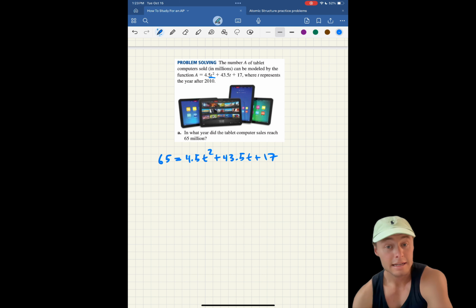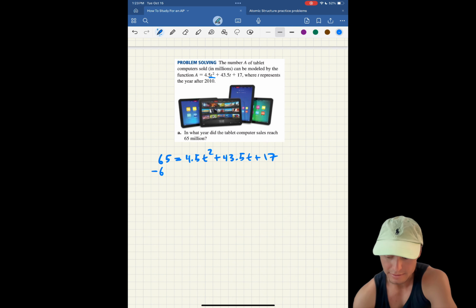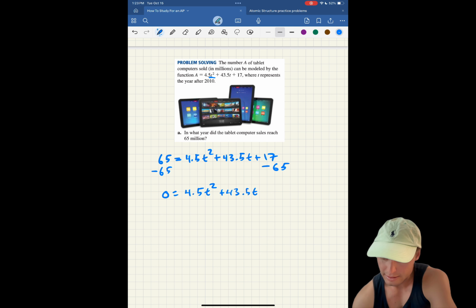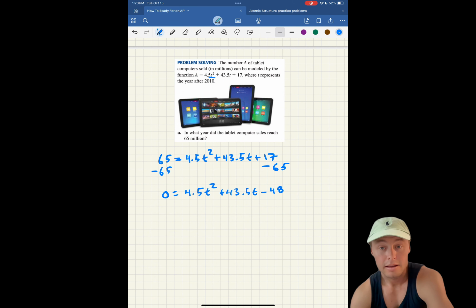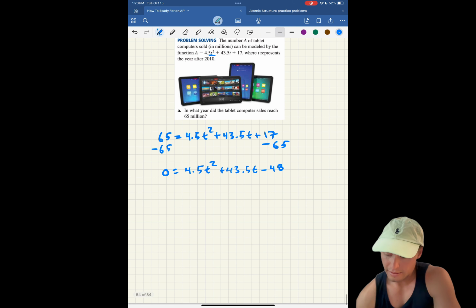First step, whenever you want to use the quadratic formula, one of the sides has to equal 0. So you'll subtract 65 over, and you'll get 0 equals 4.5t squared plus 43.5t plus 17 minus 65, which is negative 48. And now you just plug everything into the quadratic formula.